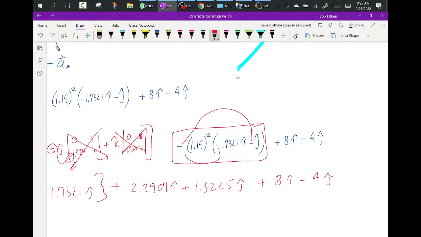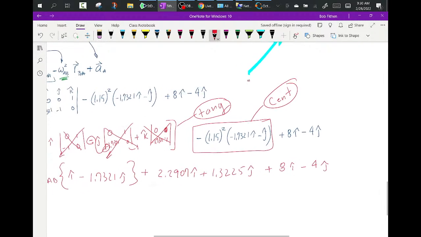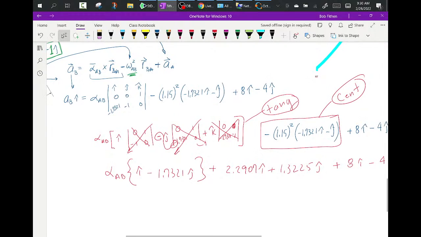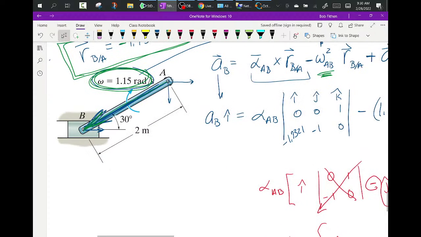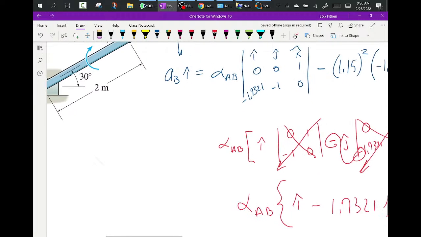Okay, so here's the funny thing. If we stare at this, let me move this keyboard tray out of the way. If you stare at this thing, you'll realize that this is the centrifugal and this is the tangential. So what I'm going to do is look at this for a second and say to myself, does it make sense, the values I'm getting? I'm reusing this sheet.